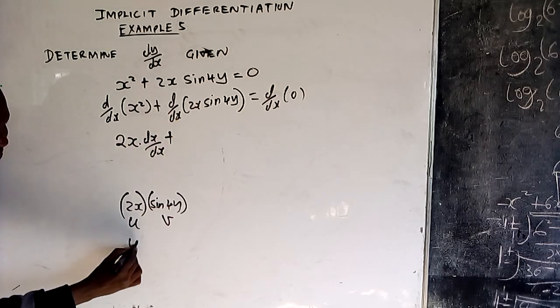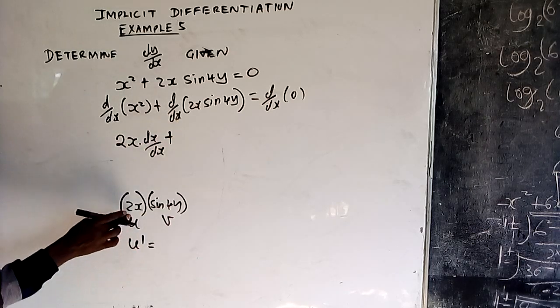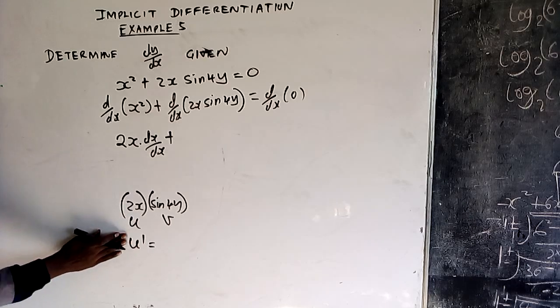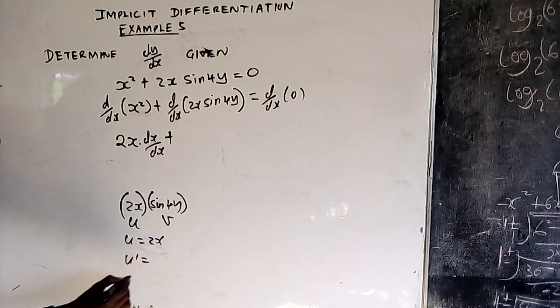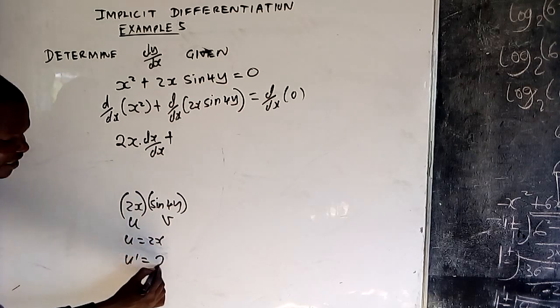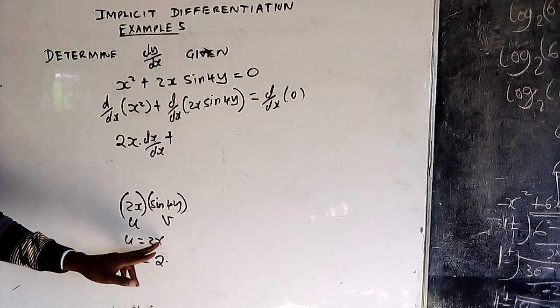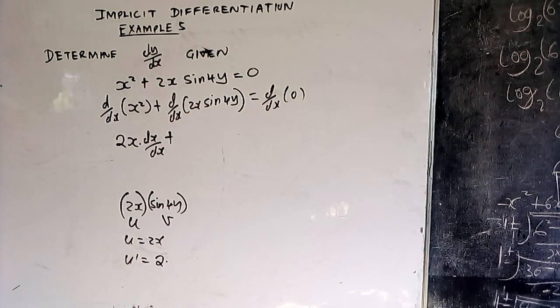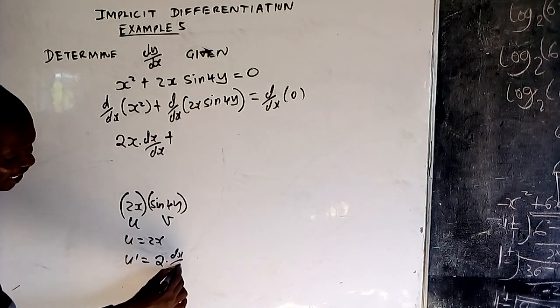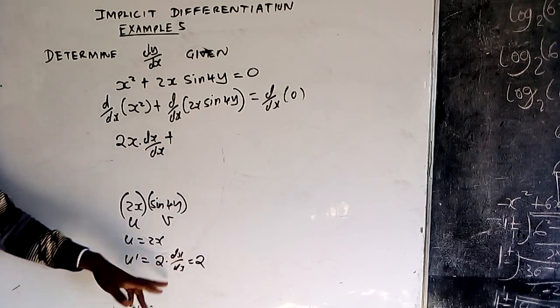So you start. If I differentiate u, remember u is 2x, I get 2. Then I'm differentiating an x with respect to x, so I remain with dx over dx, which is just 1. So I just remain with 2.